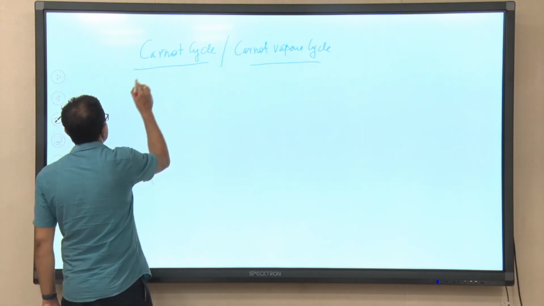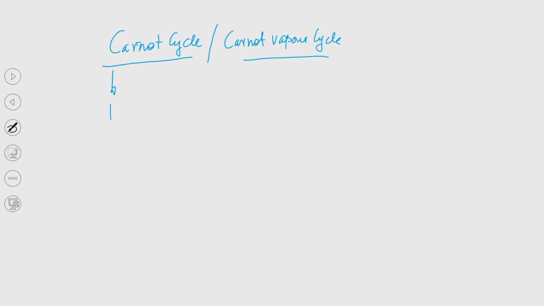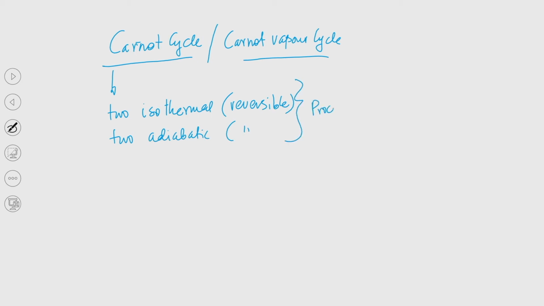This cycle is having two isothermal, of course reversible, and two adiabatic reversible processes, right.